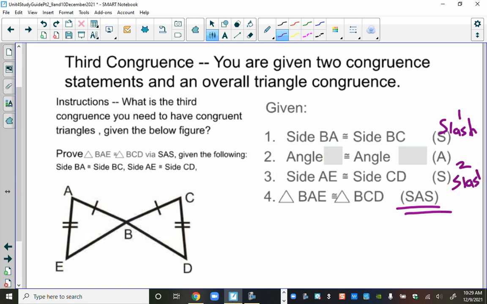Okay, Des is saying, would A and C have to be congruent? But they have to be congruent to each other to get the side angle side deal.